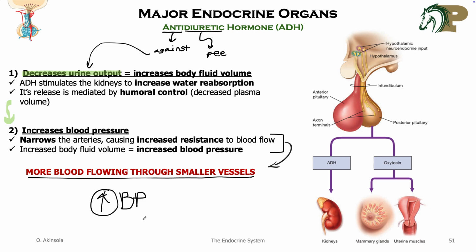So you pressing your thumb or your finger down on the hose represents narrowing of arteries in the body. As those arteries narrow, blood pressure is going to increase because of increased resistance. And because of this increased body fluid volume, you have more volume going through smaller vessels. So that's what's going to cause that increased blood pressure.